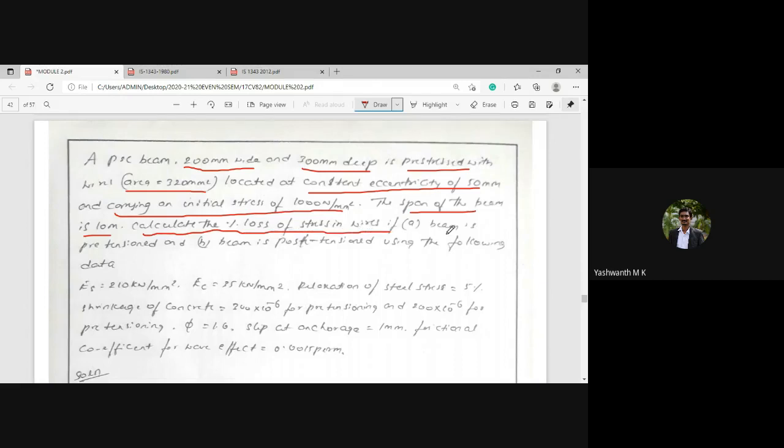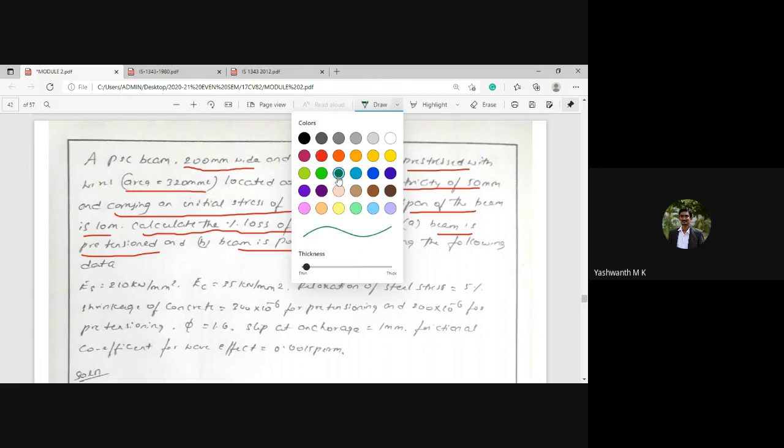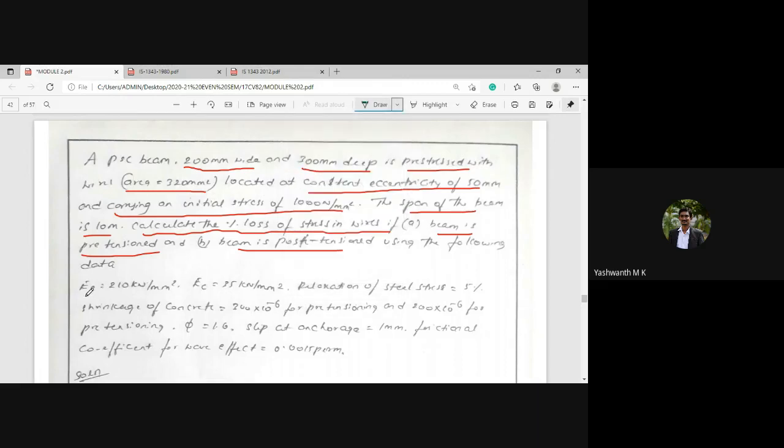If the beam is pre-tensioned or post-tensioned, with the following data. So what are those data they have been given? The data highlighted are modulus of elasticity of steel, modulus of elasticity of concrete, relaxation of stress in steel, that is 5%.